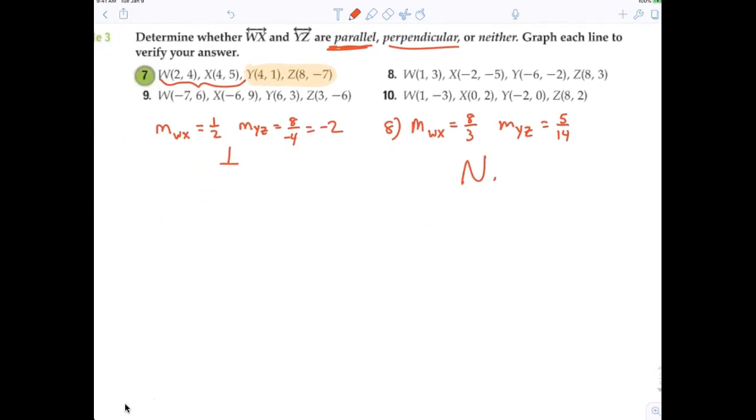All right, again, the slope of WX is equal to, somebody else, come on. All right, Carson, you tell me WX.